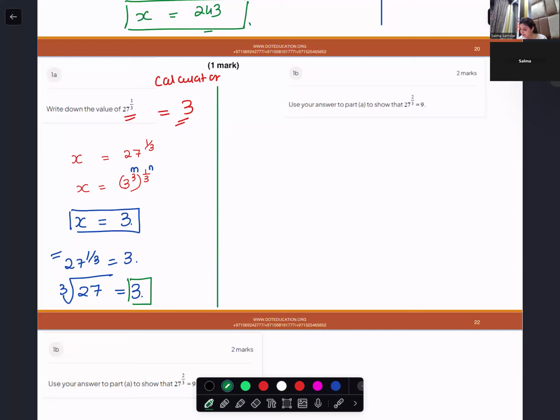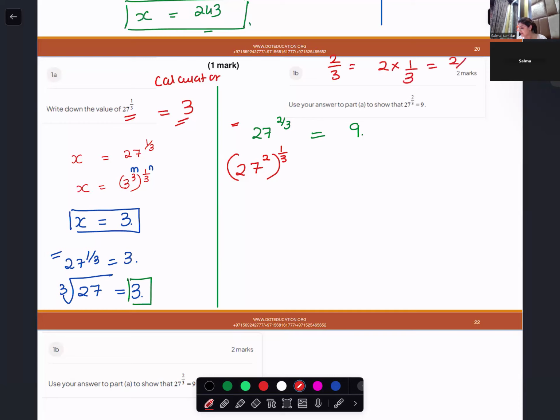Show that 27 raised to 2 by 3 is equal to 9. They want us to show that 27 raised to 2 by 3 is equal to 9. I'll just try to split this 27 raised to 2 by 3 into two parts. This can be written as 27 raised to 2 into 1 by 3, because 2 by 3 is nothing but 2 into 1 by 3.